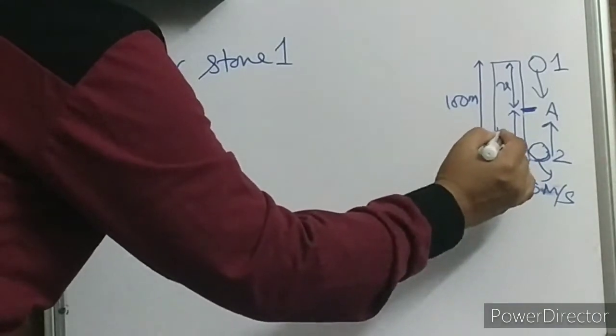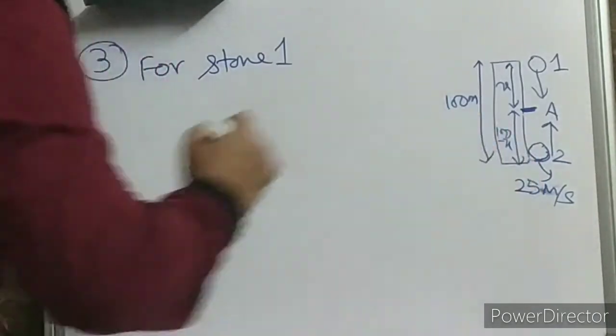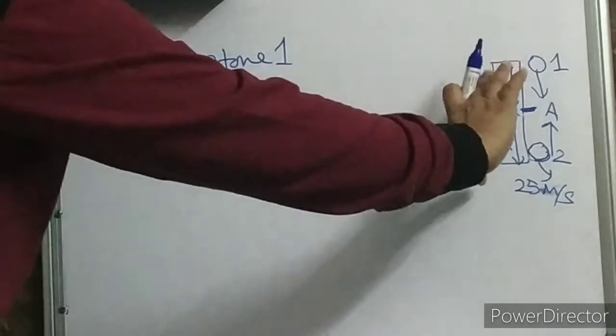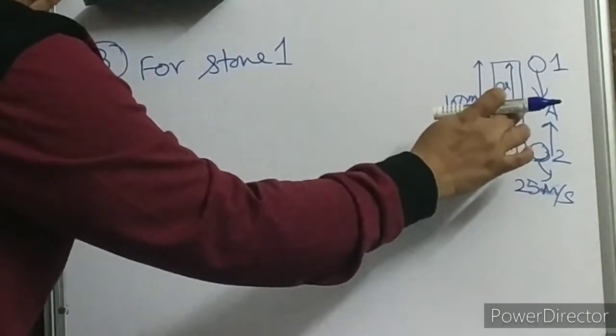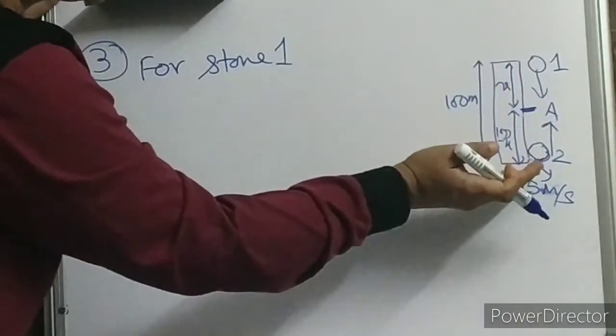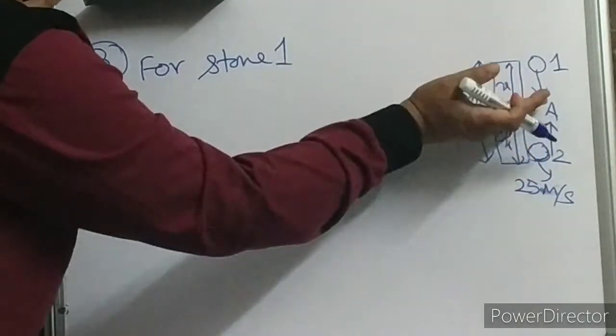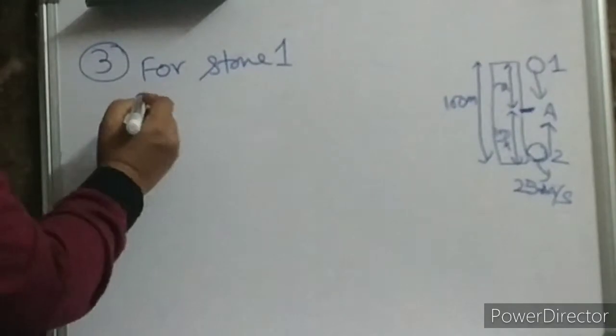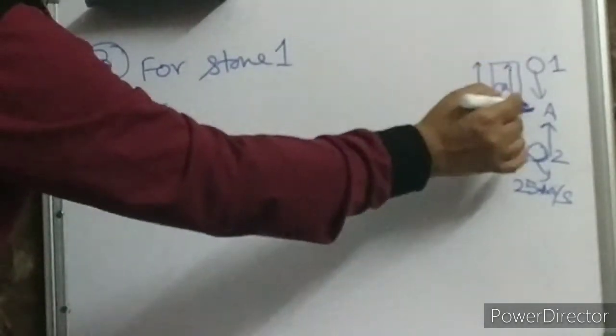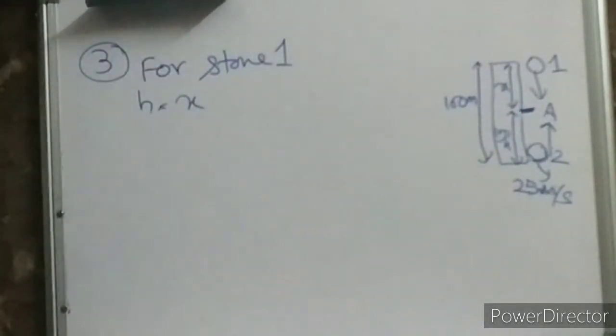It is 100 minus X. Hope I am clear. Because total height is 100. So both the stones meet X distance from the top or 100 minus X distance from the ground. So for stone 1, what is the height now? It will come up to this. So height is X now.